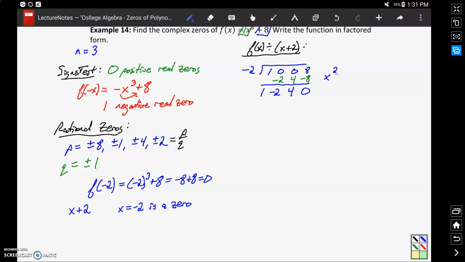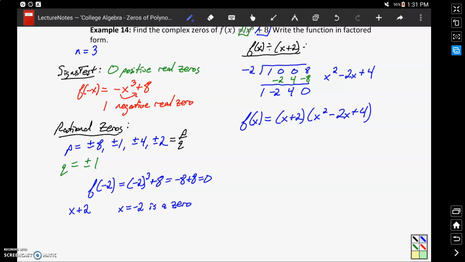So the result of that division problem is x squared minus 2x plus 4, which tells us that we can rewrite our function f of x as x plus 2, because we divided that original function by x plus 2, and the result was x squared minus 2x plus 4.